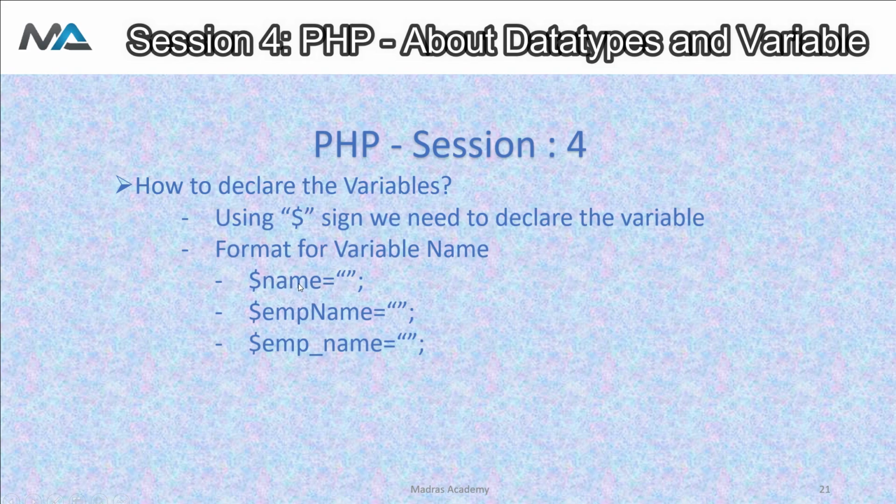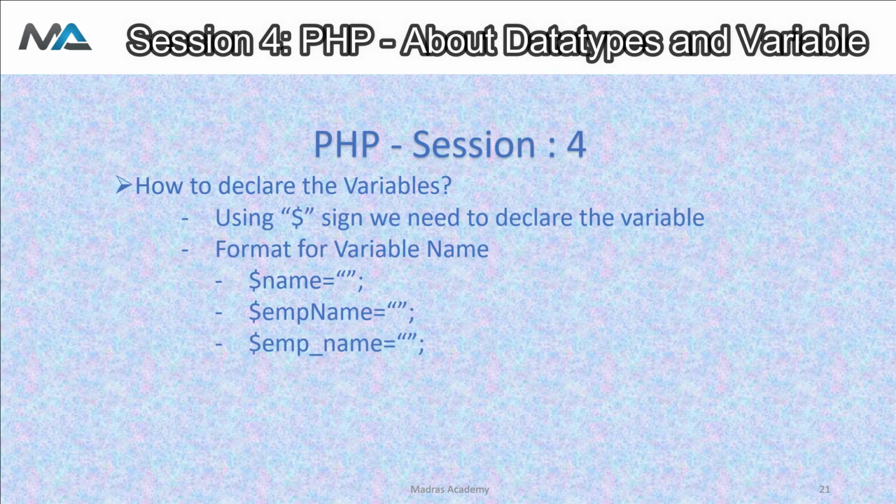For example, if I'm going to assign the age, I need to write dollar symbol age equals 20. That is a number, so no need to write double quotation. So 20 is the age, and while we see that variable, we can identify that 20 is the age.